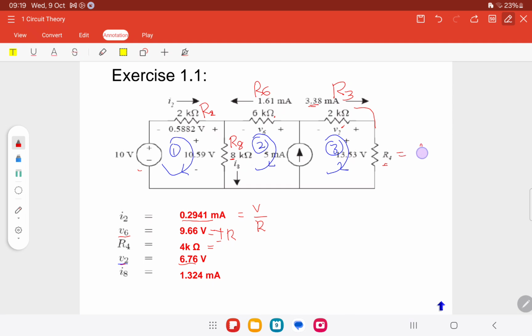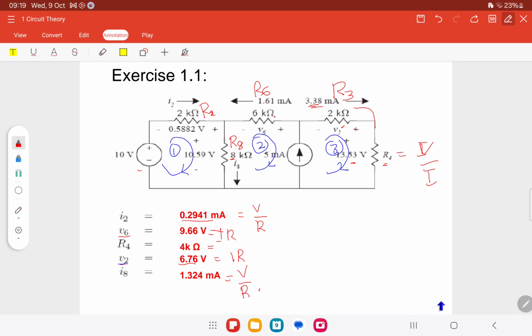Okay, equals to V over, kan? It is given 13 tu. Boleh? The R4. How about V2? We have the current, so equals to IR kan? How about the I8? I8 V over R kan?